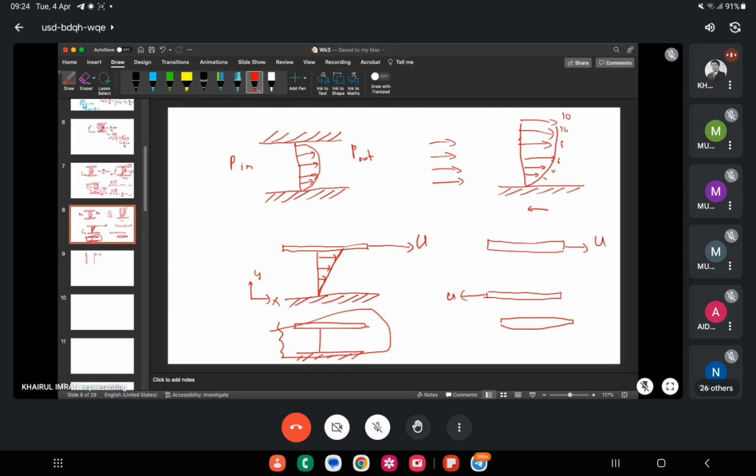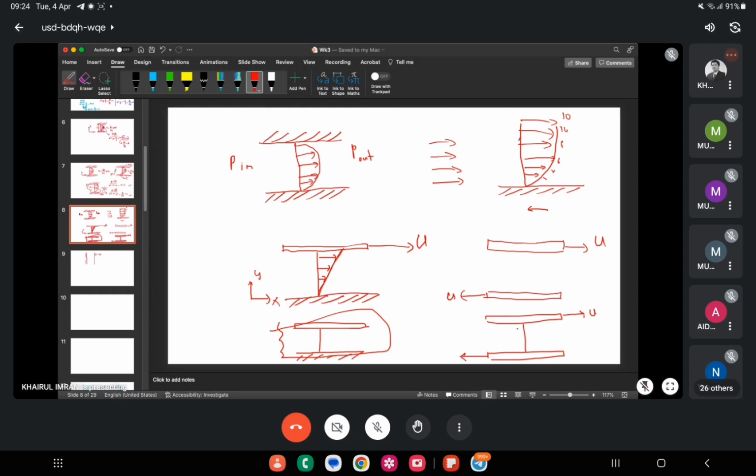Cara nak lukis biasanya kita start dengan initial point. Bayangkan plate atas, plate bawah tidak bergerak, tu dah starting point dia. So now kita apply U ke kanan and then U ke kiri. So sekarang ni, yang ni akan berubah.